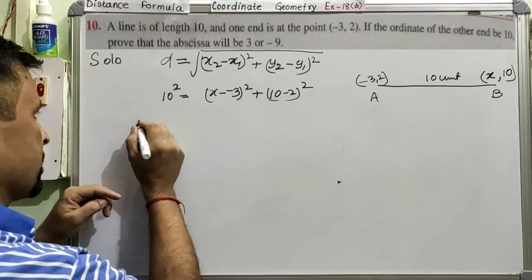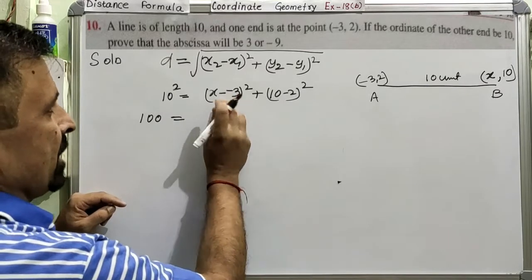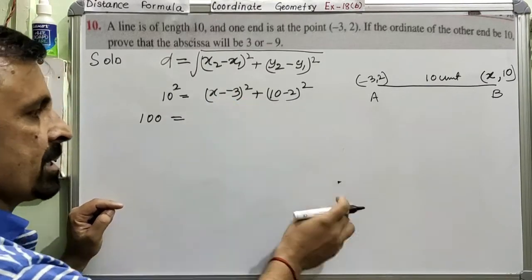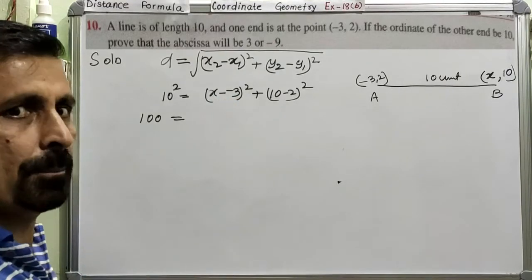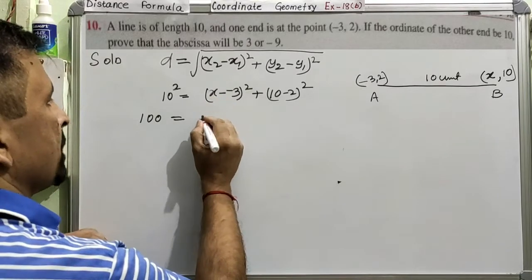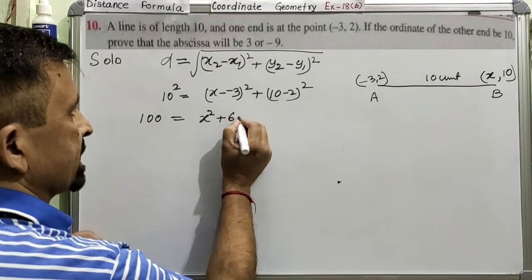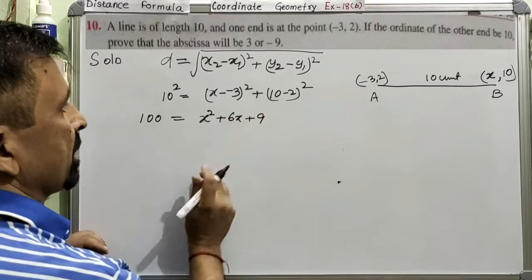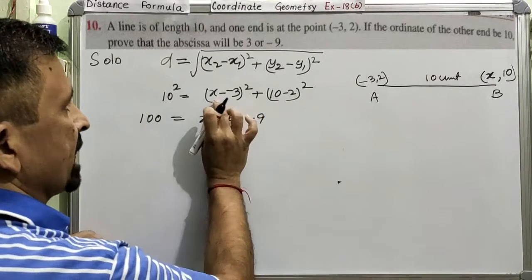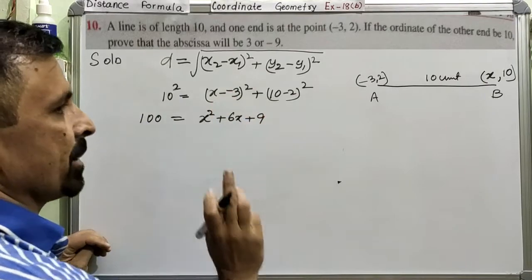Now let us simplify. This will become 100 equals, and x minus -3 is x plus 3, so this will become a binomial. For x plus 3 whole square, we use the expansion of the perfect square formula, a plus b whole square, which becomes x square plus 2 into this, so 6x, and then plus b square, which means 9. Minus minus will become plus.